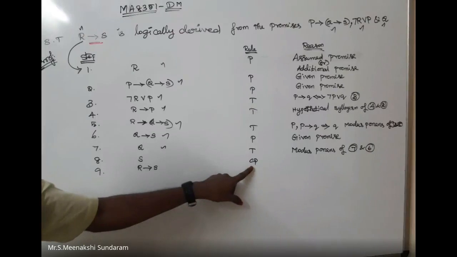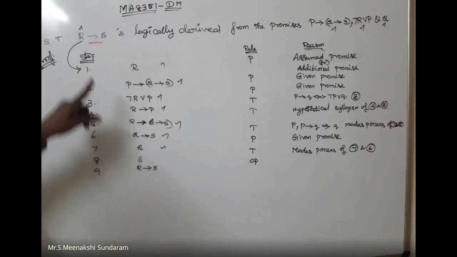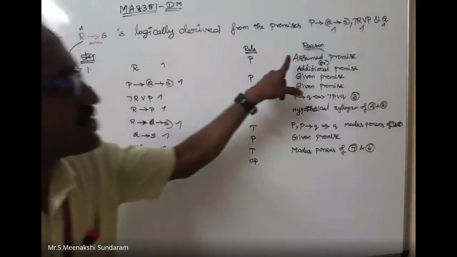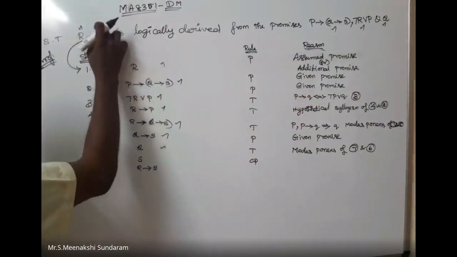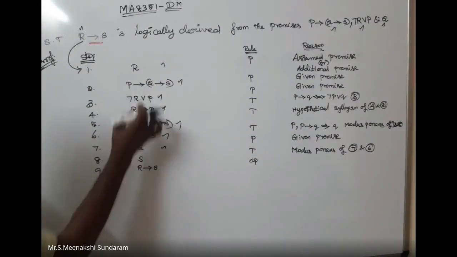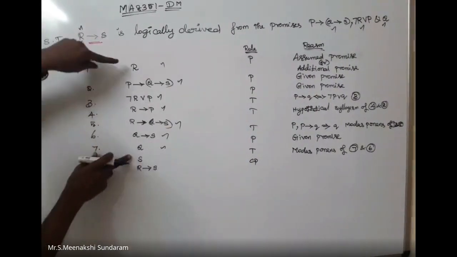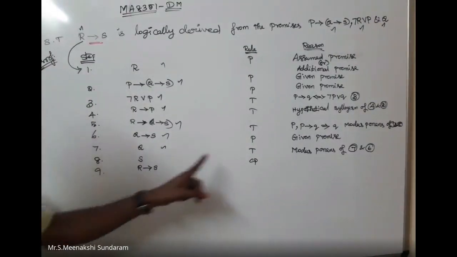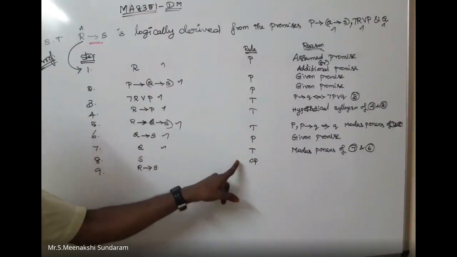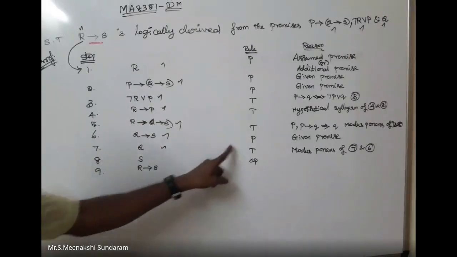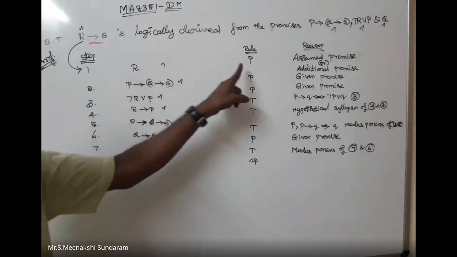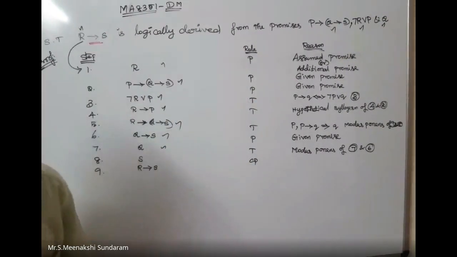In the final step, we apply rule CP. The left hand side you can take as the assumed premise, and this value finally I can conclude. Then finally we can write these two combined, R tends to S. This method is called rule CP. Rule CP is only applied in the last step, and the first step I can use for the premise.